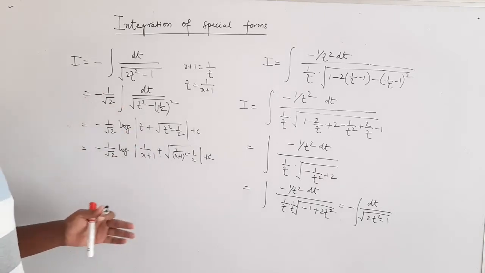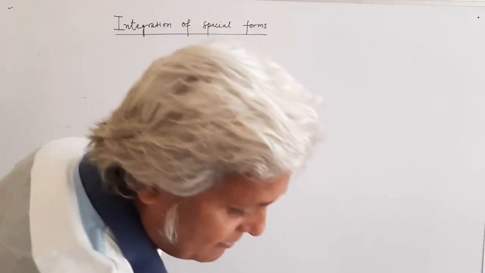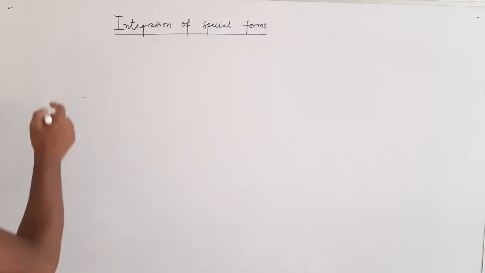Now after clearing the screen, I will take another special form. Now I have a special question. This question has come in the IIT in 1985. So this question is like this.